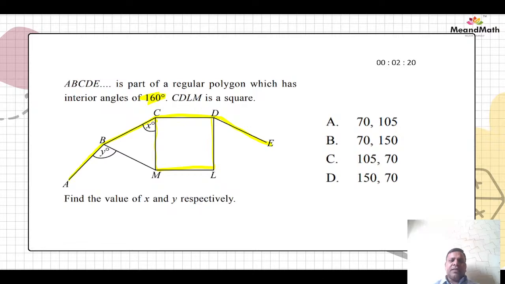I'll repeat it again. A, B, C, D, E is a part of a regular polygon, indirectly it is given that AB is equal to BC is equal to CD is equal to DE. A quadrilateral made on side CD, which is CDLM, is a square, it is given in the question. The interior angle of the polygon is 160 degrees, you have to find x and y respectively.